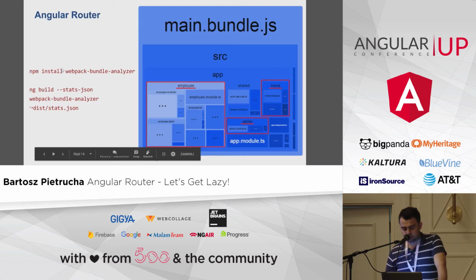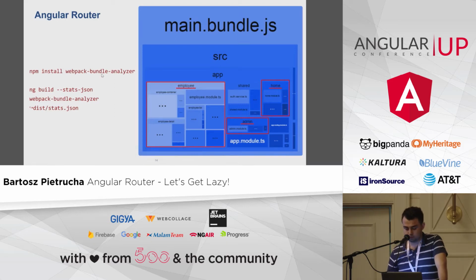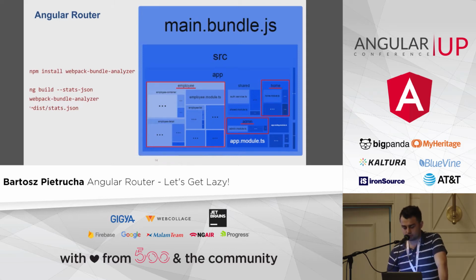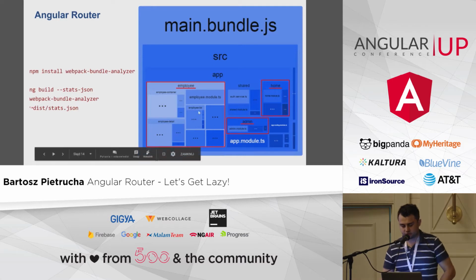And you can check out the Webpack Bundle Analyzer. It's a really cool tool to show you what is inside your bundle, and the weight of the particular module is depicted as the size of the rectangles.